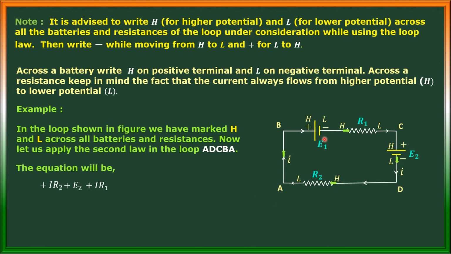So here the EMF of this battery E1 should also be taken as positive, plus E1 is equal to 0. The sum of all the potential differences across each element in a loop is equal to 0. Okay, the algebraic sum.